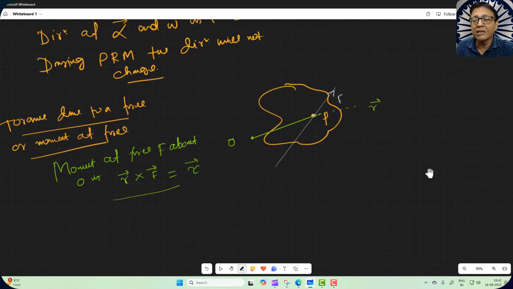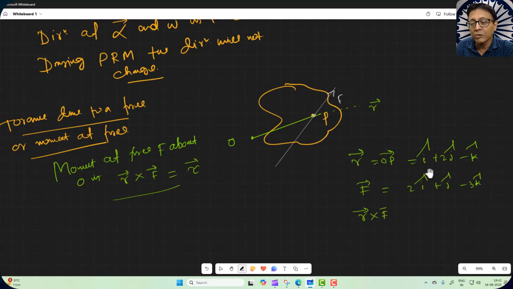I just remind you one thing. If you have taken R equal to, say, that OP, we have taken i plus 2j minus k, and F vector we have taken as 2i plus j minus 3k. Then moment of the force will be what? R cross F. This cross product you know, i, j, k, and this is 1, 2, minus 1, 2, 1, minus 3.